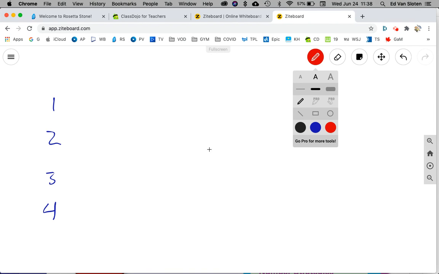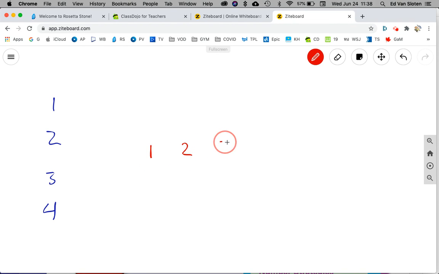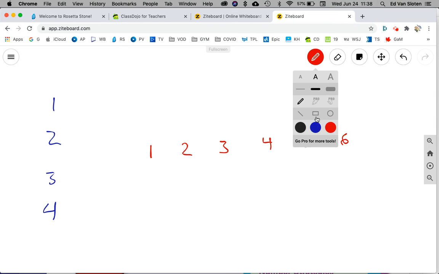The dice will give you a 1, 2, 3, 4, 5, and a 6. So we're going to say number 1, you get to go first if we roll a 1.